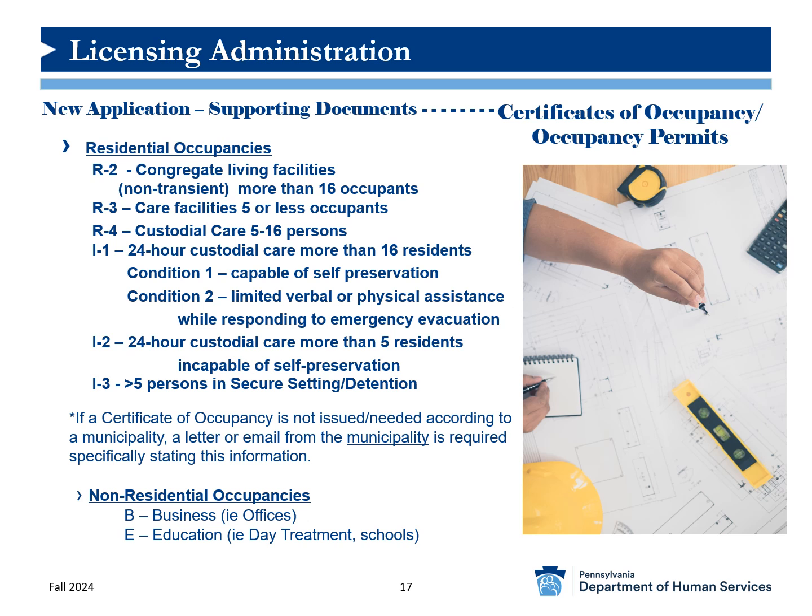We require those non-residential occupancies. If your office is going to be in a residential home, we still require the certificate of occupancy, occupancy permit, or again, that letter from the municipality or local authority stating whether or not one is needed.